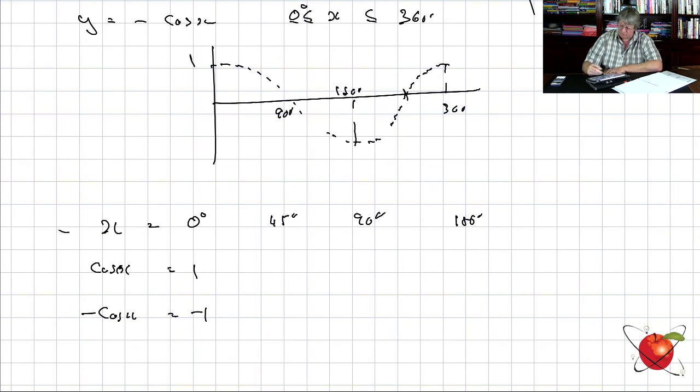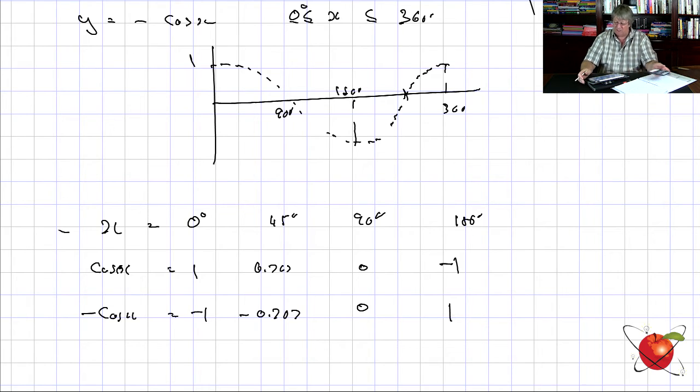This is going to be minus 1. What is cos of 45? Well, let's do cos of 45. So you go cos 45 equals root 2 over 2. So it is 0.707, minus 0.707. Cos of 180 is minus 1. This is 1. So let's just roughly plot what has happened. Can you see?